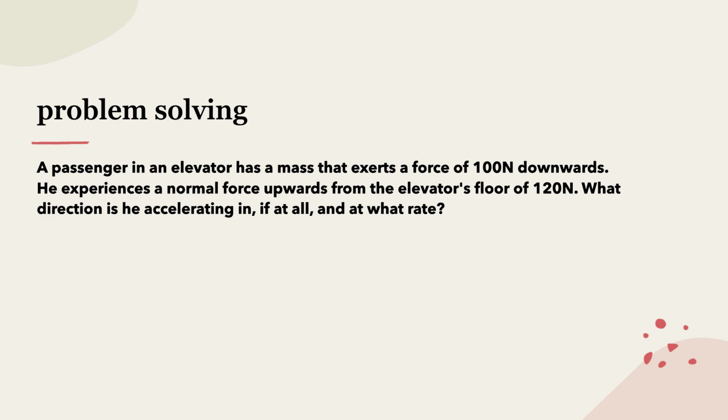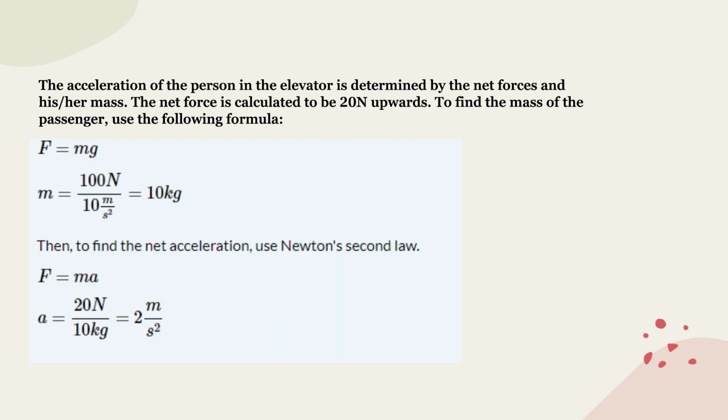I solved this problem, and you will see how I solved it and how I used the two laws. Why? Because we need the acceleration, and there is gravity, so we have to use the two laws. This is the explanation of the problem. The acceleration of the person in the elevator is determined by the net force and their mass.